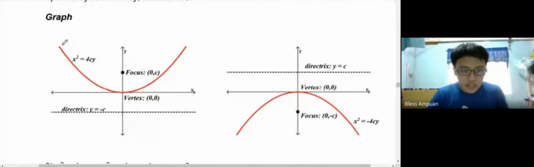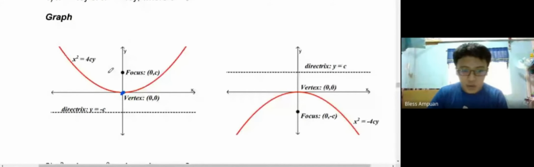Here is x squared equals 4cy, this is our parabola. If the circle has a center, the parabola has a vertex.